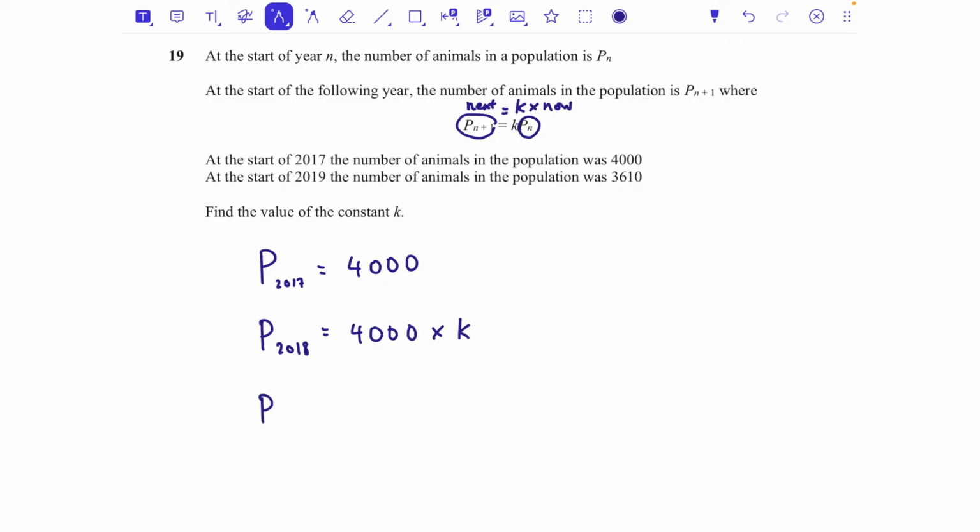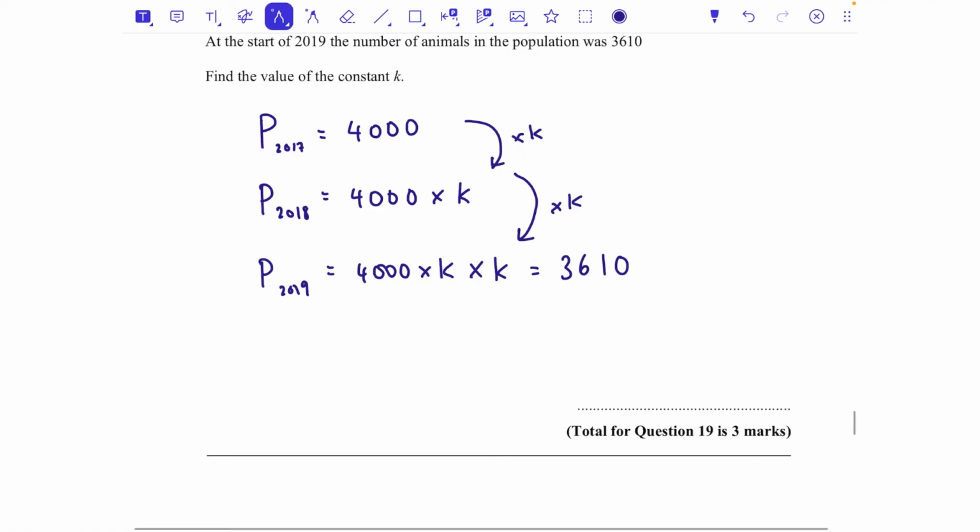And then to get P 2019, which is another year on, it is 4,000 times k times another k, and we know that the answer there is 3,610. So each year we need to times by k, which is how we've got that. Okay, so I now know that 4,000 times k squared is 3,610.